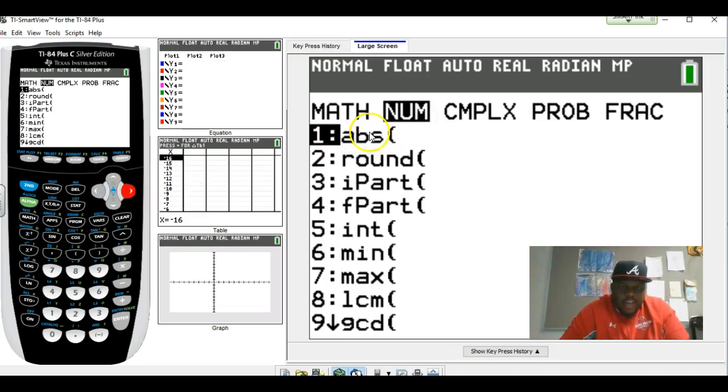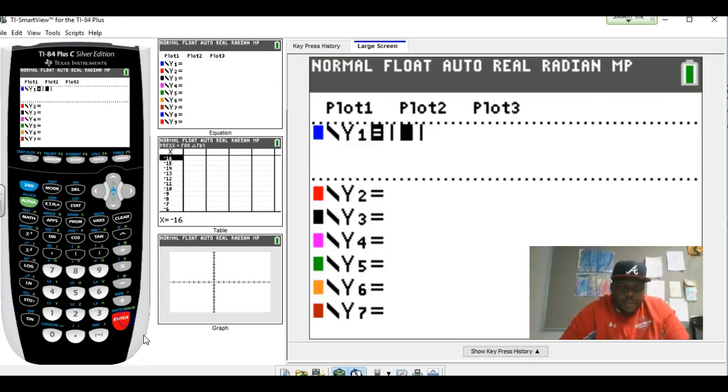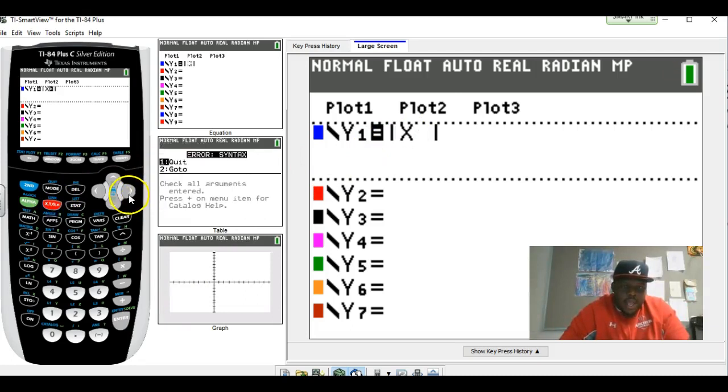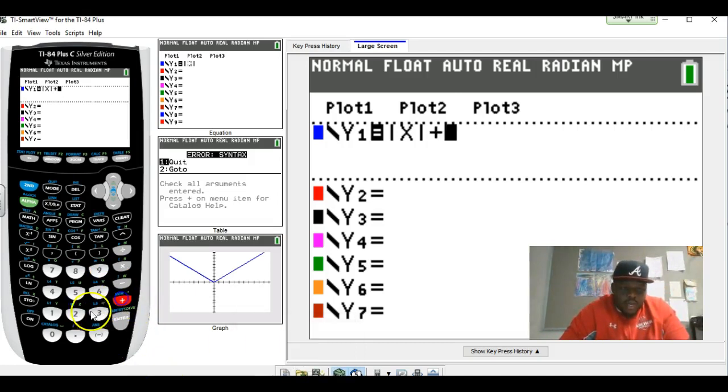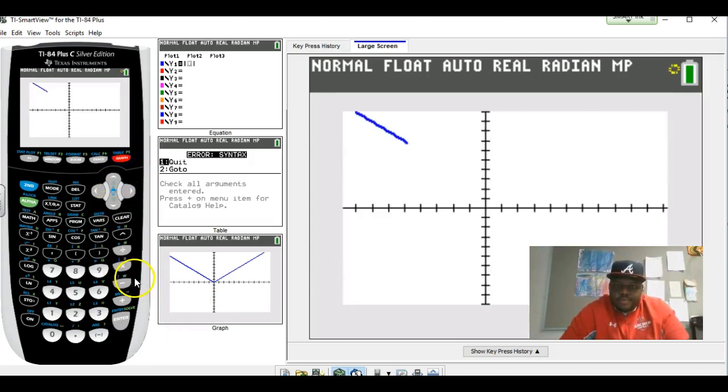ABS is for absolute value, guys. If I click that, I can put the equation right there. Well, that's x. And then remember, outside we had, was it plus 2 or minus 2? That was definitely plus 2. So we have plus 2, like so. Now I hit graph.